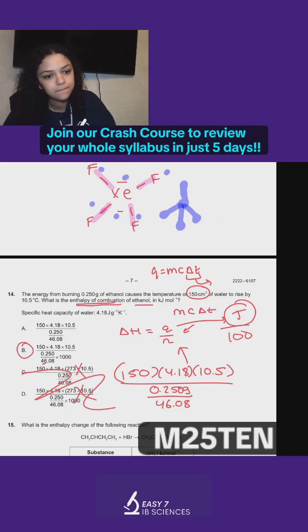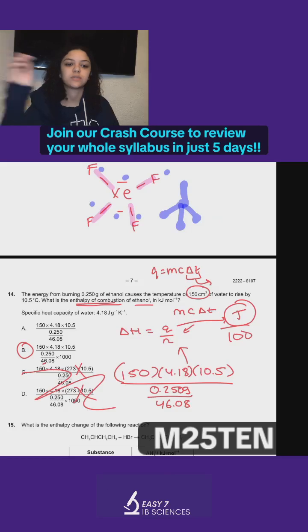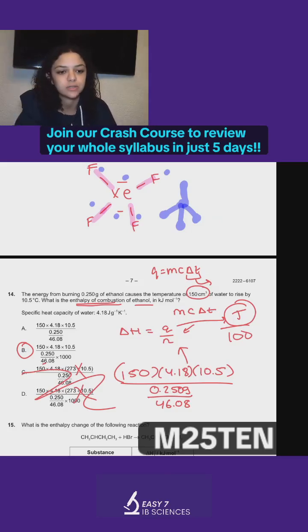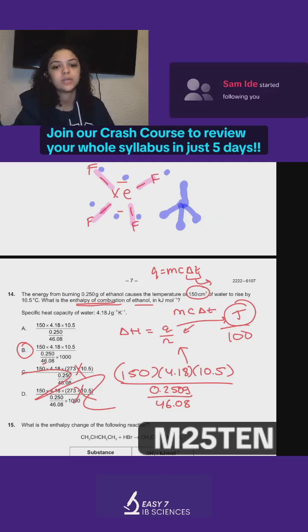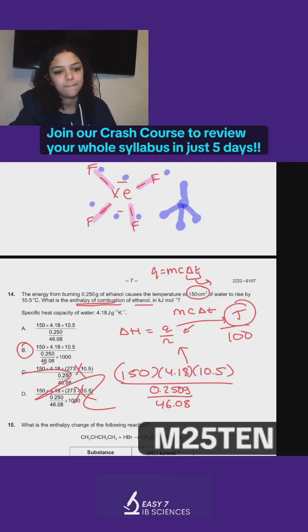Do we use degrees just for this equation? Yes, exactly. Only for this equation in the IB syllabus, you must use degrees Celsius. You need to go from joules to kilojoules. Perfect, exactly, because we know that enthalpy change is in kilojoules, and we know that Q is always going to be in joules. If it's in Kelvin, do you convert it to Celsius?